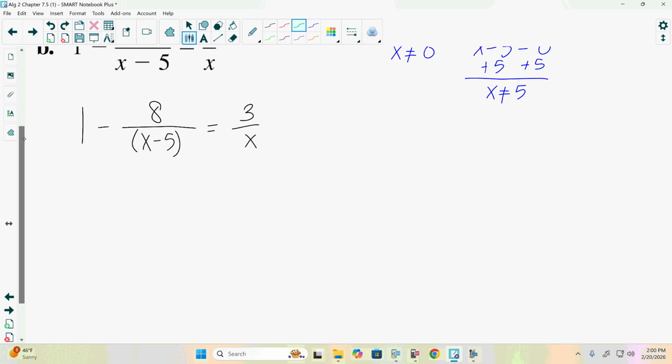And? Yes. Because we can start off with x, and the x over here and this x would cancel. We also need the x minus 5 because for our middle one, the x minus 5 and x minus 5 would cancel.